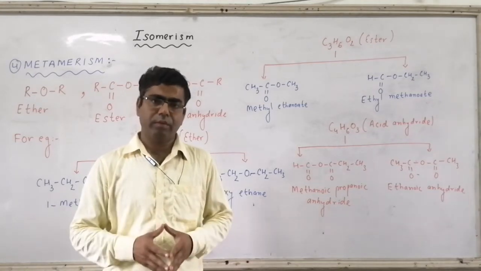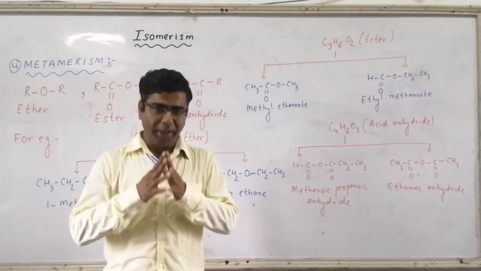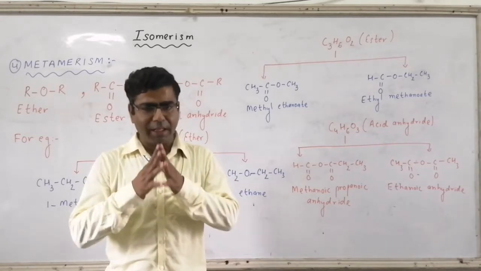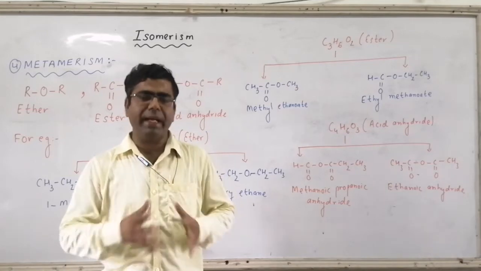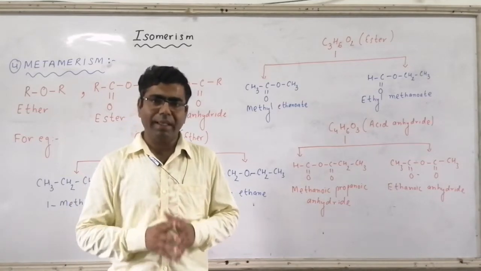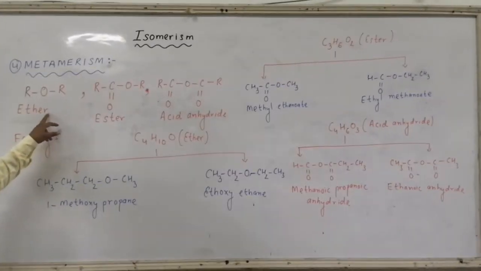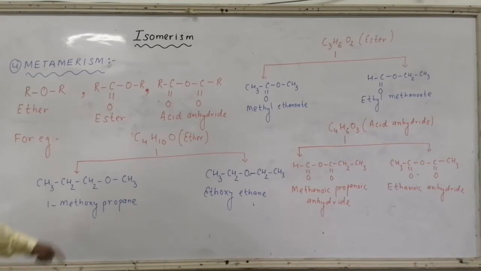We have 3 functional groups which are surrounded by alkyl groups on both sides, and the 3 groups are: first one is ether, R single bond O single bond R. This group is your ether group and both sides is surrounded by the alkyl group.